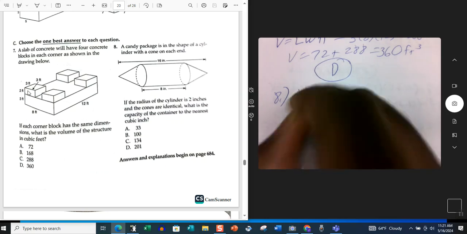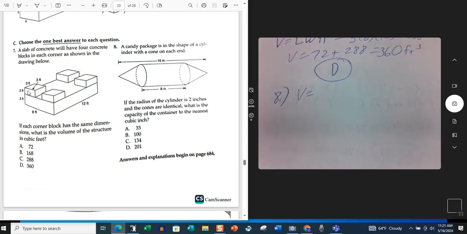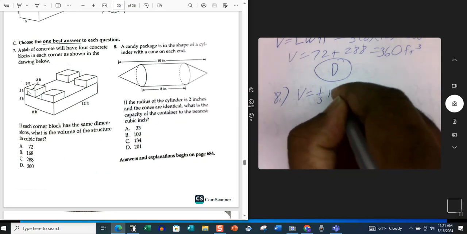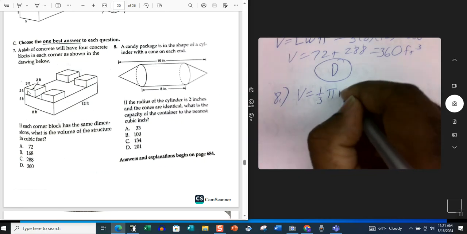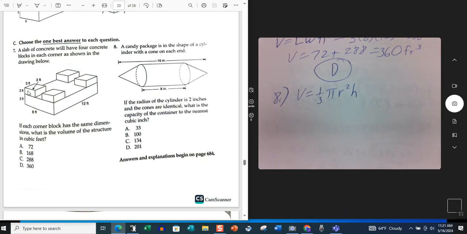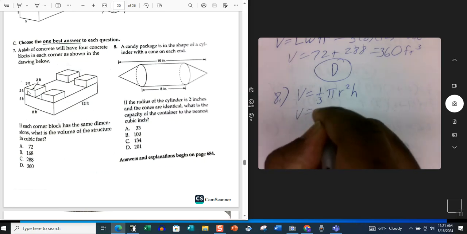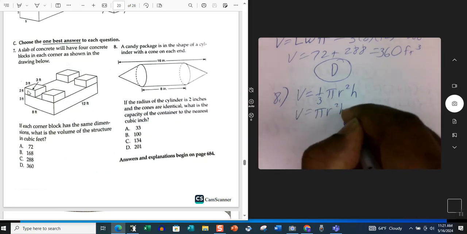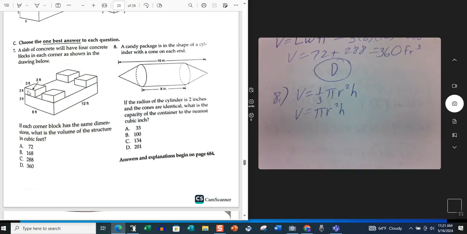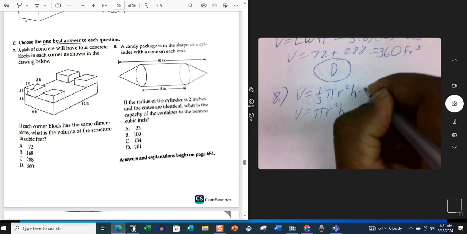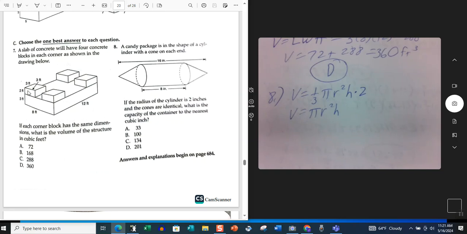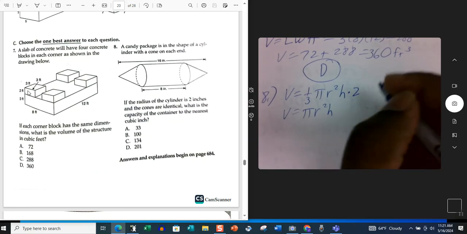So I'm going to write the volume of a cone, which is 1/3 pi radius squared h. That is the formula for a cone. And then we have to do the volume of a cylinder. And we know the volume of a cylinder is pi radius squared height. Now remember, we have 2 cones here. So we know we're going to take this and multiply by 2 to get the volume for each one.